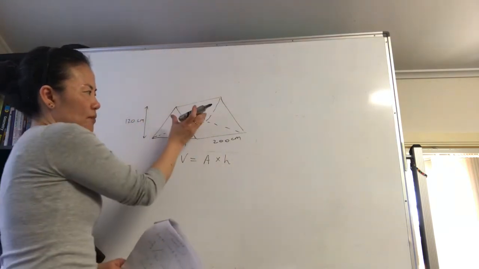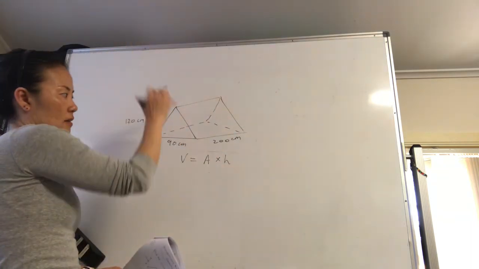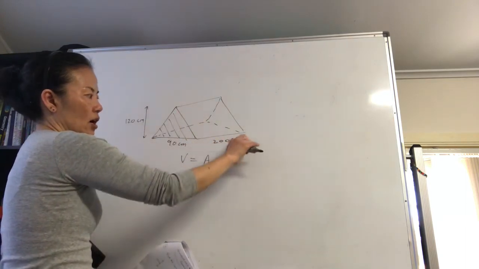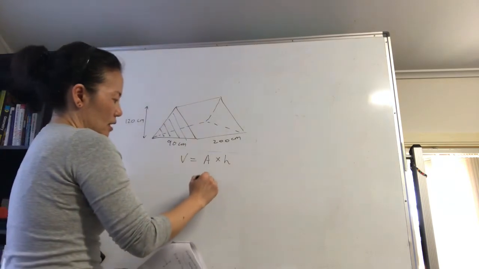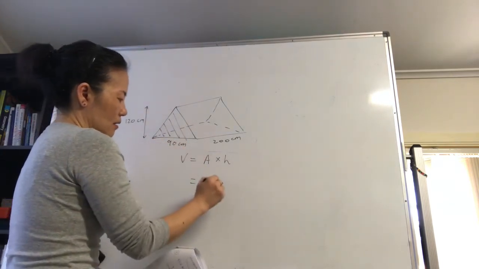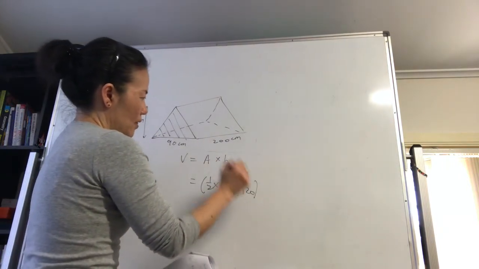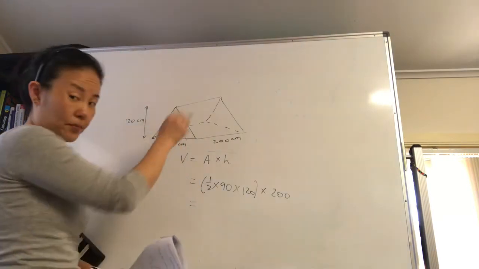Now, if I put this triangular prism upstanding, that would be my base, wouldn't it? And that's my height. So the area of the triangle is half times base times the height, and then I'm going to times by 200 because that's the height of the prism.